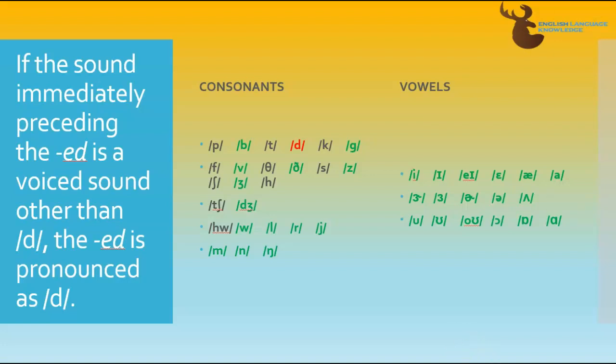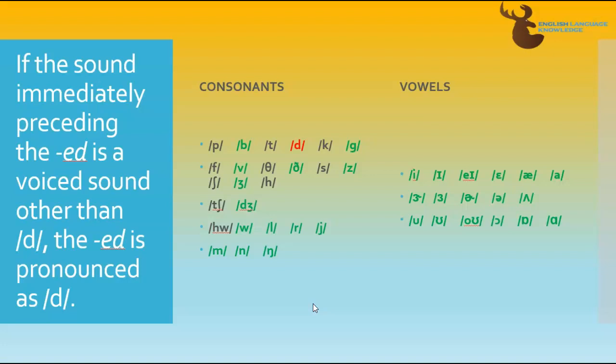I want to emphasize that all these sounds highlighted in green, okay, are voiced. All the vowels are voiced, and the sounds highlighted in green here are voiced as well. The d is also voiced, but the rule does not apply to the d, okay?